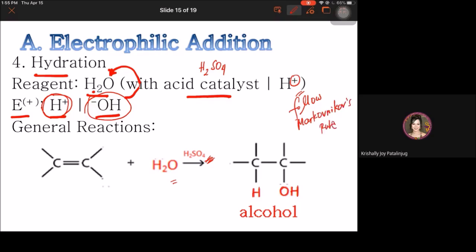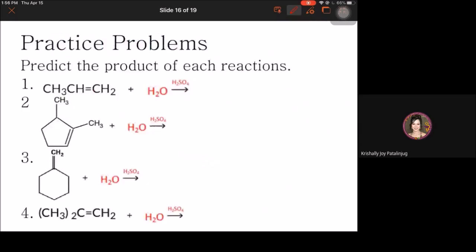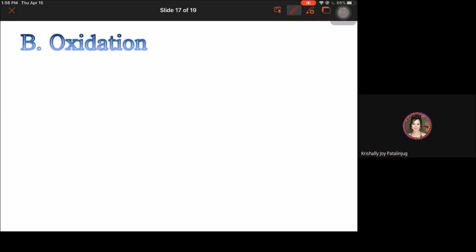Again, the H goes to the carbon with the greater number of hydrogen substituents, and the OH to the one with fewer hydrogen substituents. Okay, let me answer only 1 and 2 of this equation so that we can finish the whole topic.